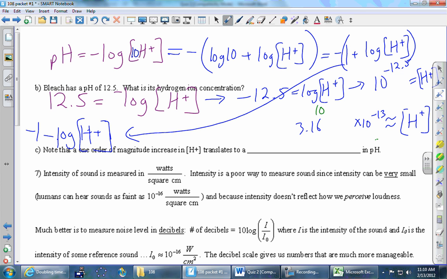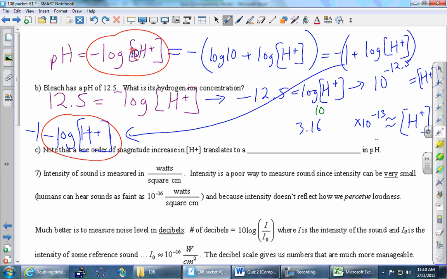So it used to be negative log of H plus. That was the start. Then we made it 10 times H plus. There's my negative log of H plus that we had before, right? This thing, without the 10, is the same as this thing. So what it used to be, it still is. But now it's 1 less than it used to be.